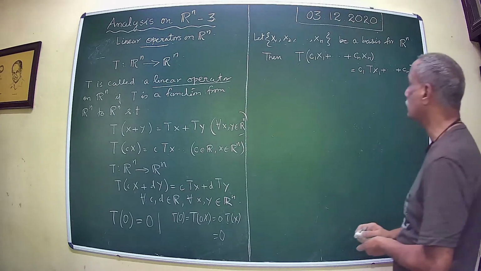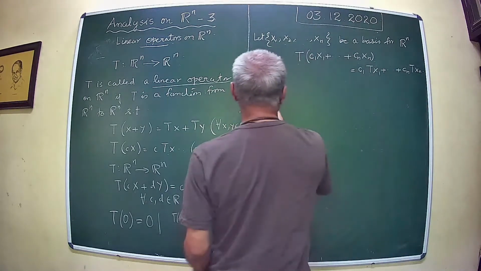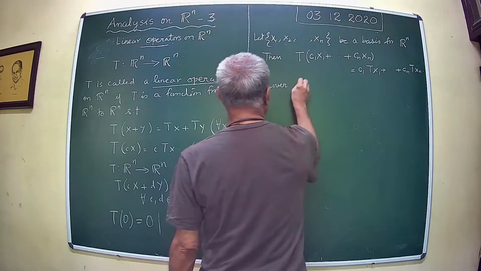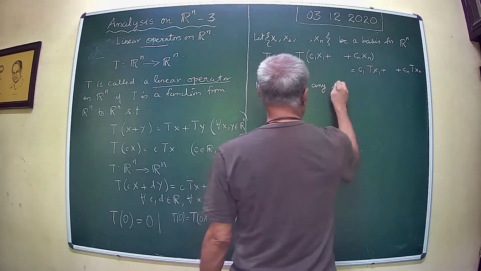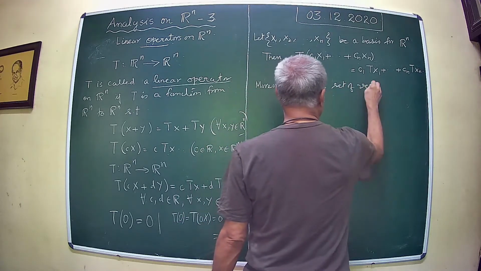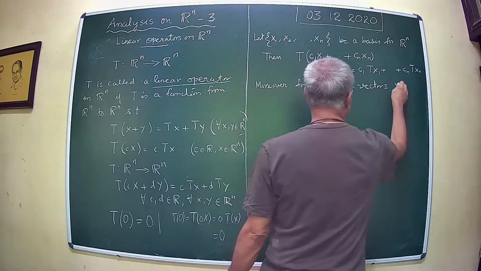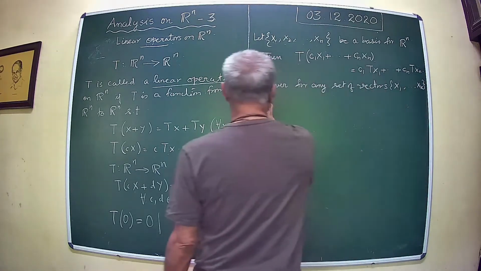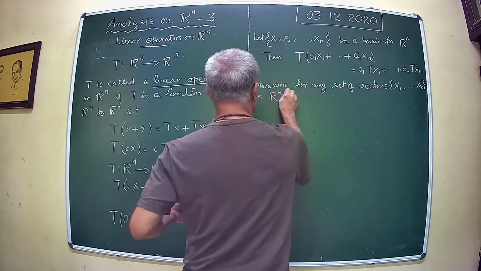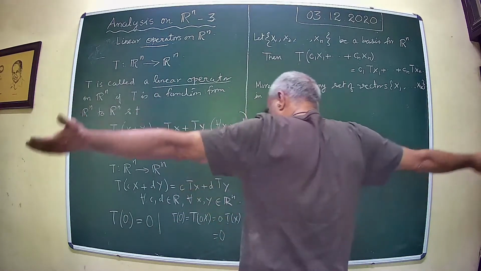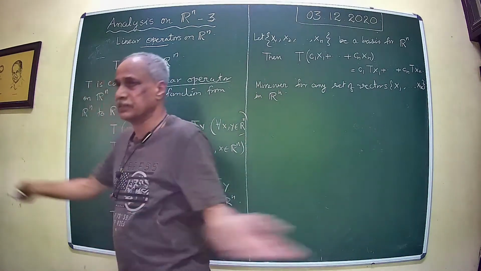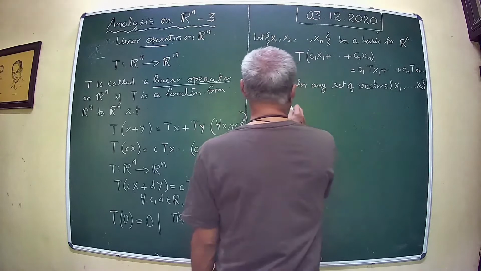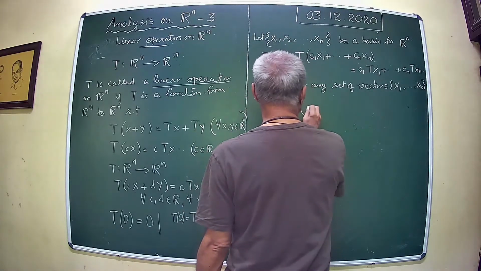In fact, moreover, for any set of vectors x1, x2, etc., xk in Rn, whether linearly independent or linearly dependent, no such constraints are there, some of them can maybe be 0 also, you have this formula 2.